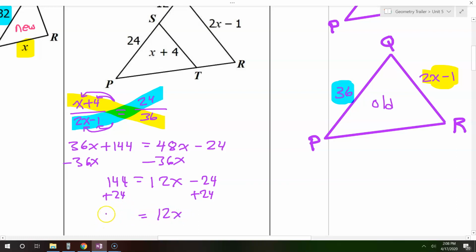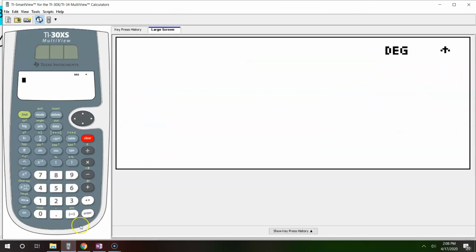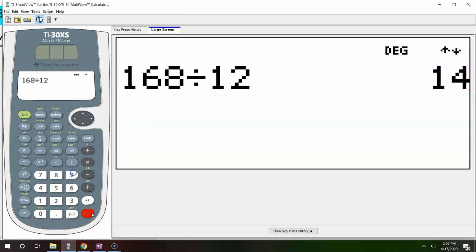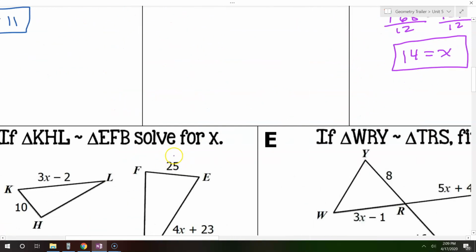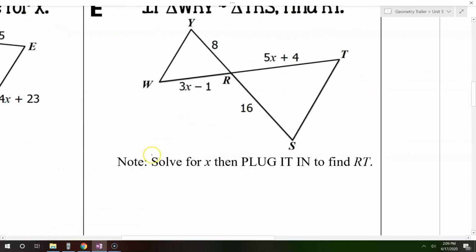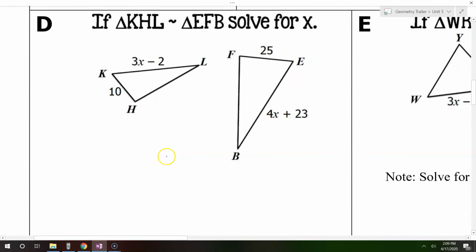So that's going to give us 12x is equal to 168. All right, then it's time to divide both sides by 12. And that is 14. And that's it. So x is equal to 14. All right, let's just do 2 more of these.